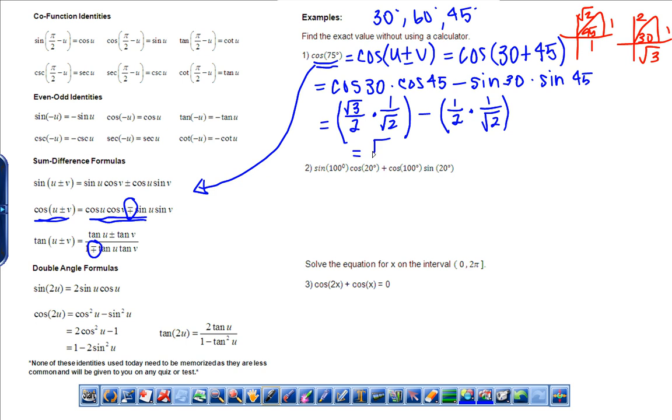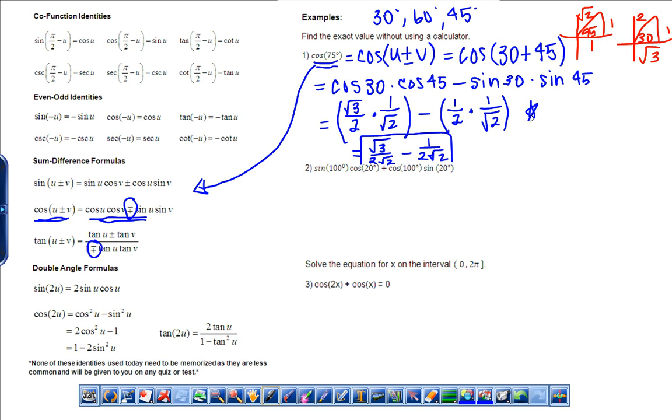So this is going to be square root 3 over 2 square roots of 2 minus 1 over 2 square roots of 2. And I'm okay if you leave it like that. You can simplify more, but at this point, if you can get this step, I'll be happy.